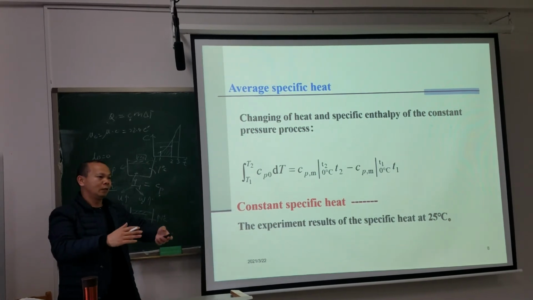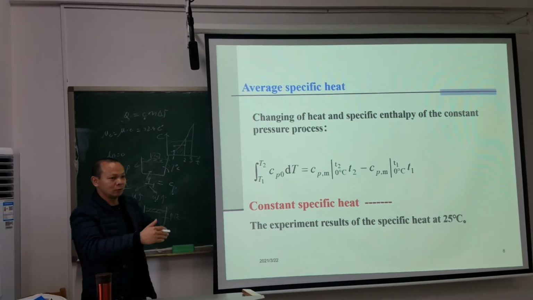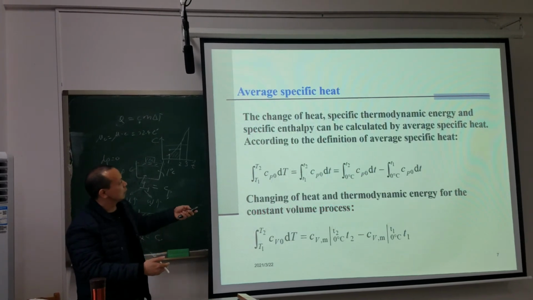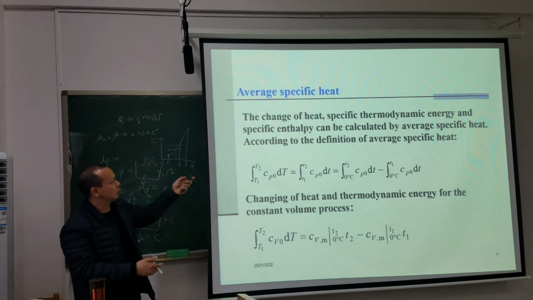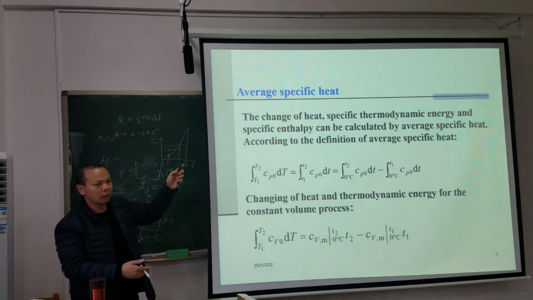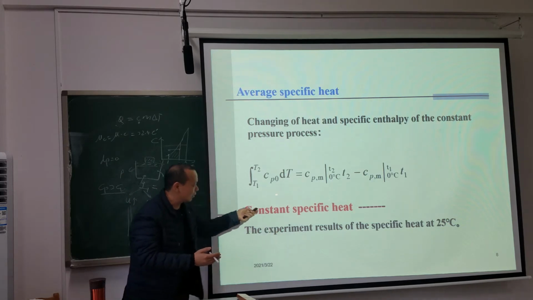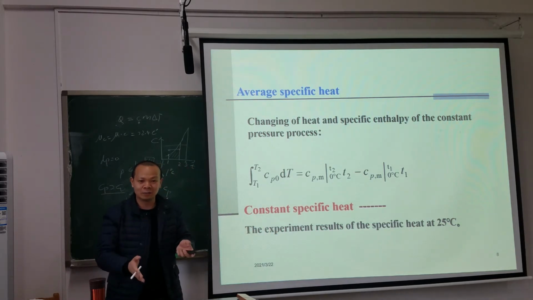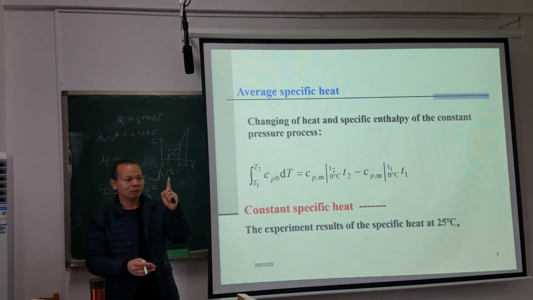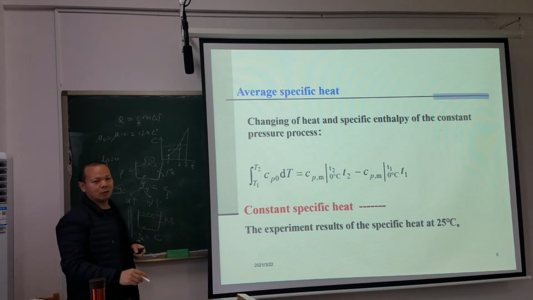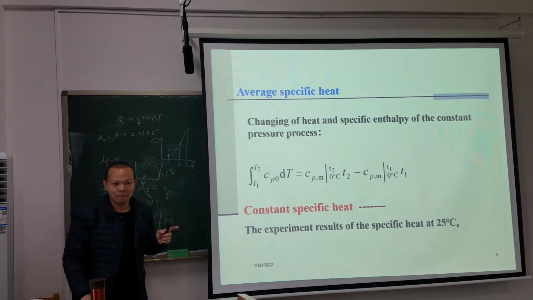Now that we are graduate students, we should learn there is an average specific heat and a real specific heat. But we still use the constant specific heat in our class. So we just remember one thing: the C is a constant value.